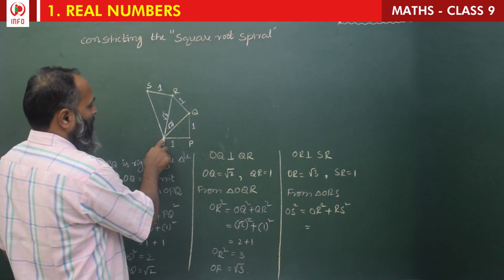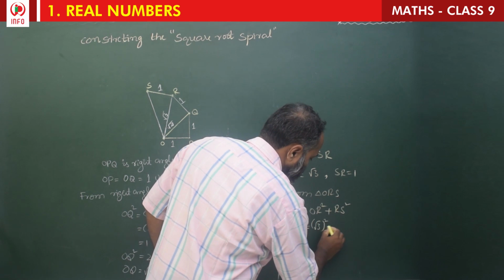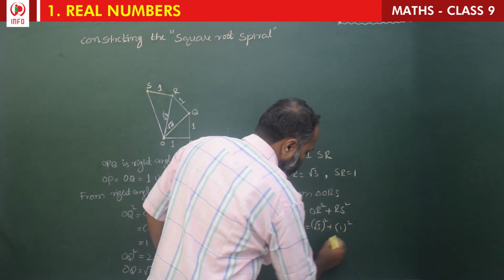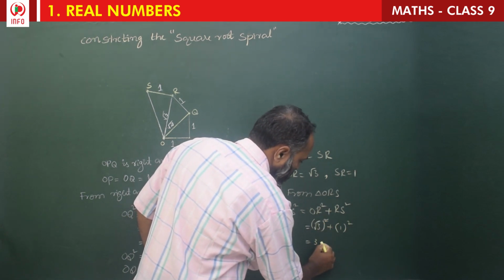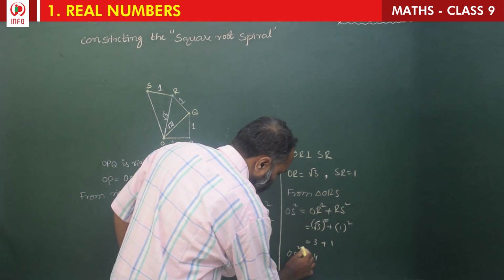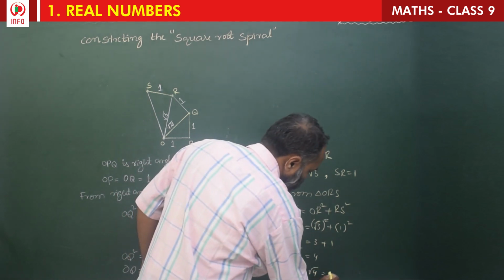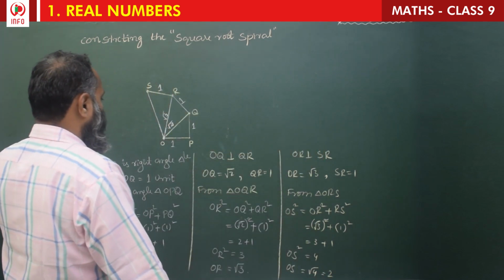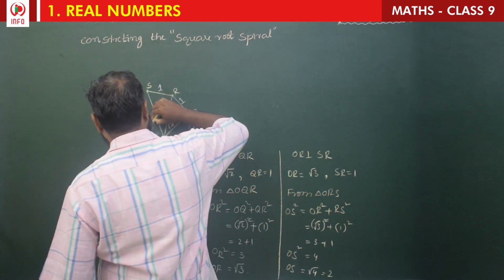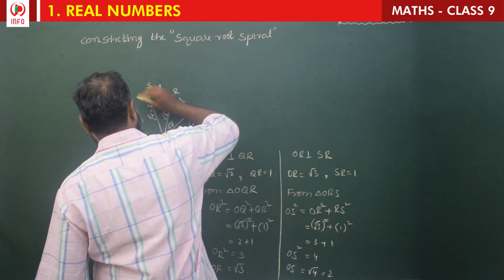What is OR? OR is root 3, root 3 square plus RS, that is 1 unit, 1 square. 3 plus 1 is 4, OS square is equal to 4, OS is equal to root 4, root 4 is equal to 2.